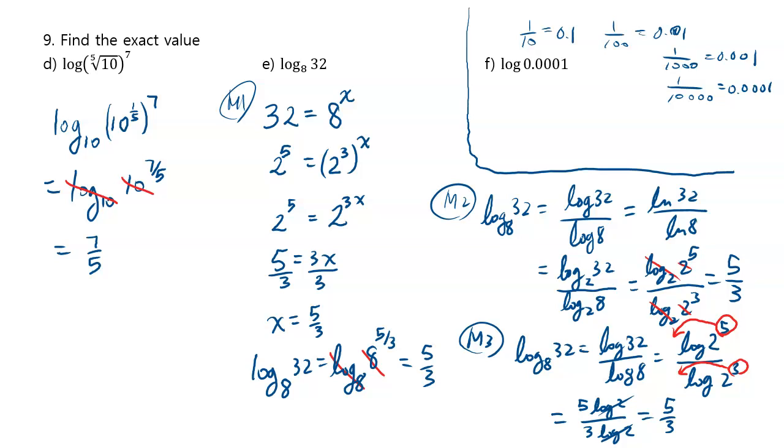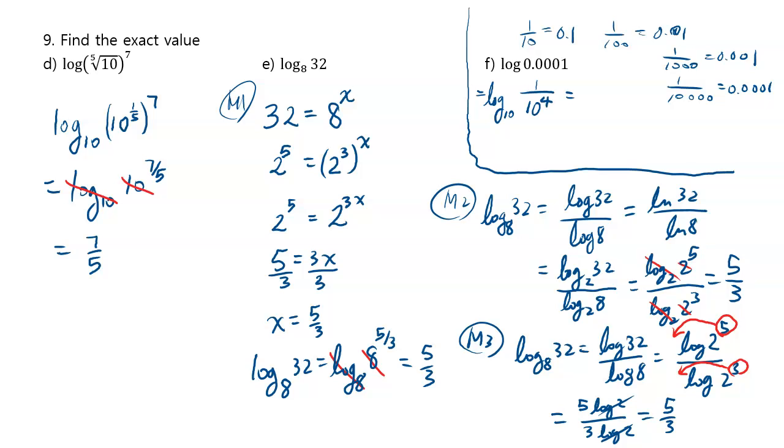Right? This is 1 over 10,000. And remember, this is log base 10, so it's log base 10 of 1 over 10,000. 10,000 is 10 to what power? This is 10, 10 squared, 10 to the 3rd power, 10 to the 4th power is 10,000.